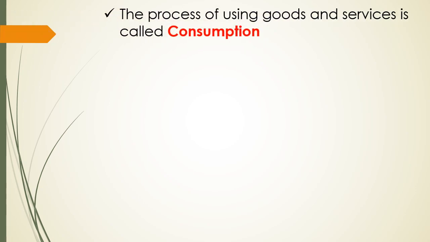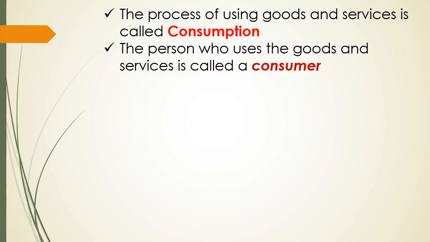Now let us have a glance at the basic terms that we use in this chapter. Consumption: the utilization of goods and services is called consumption, and the person who uses the goods and services is called a consumer.